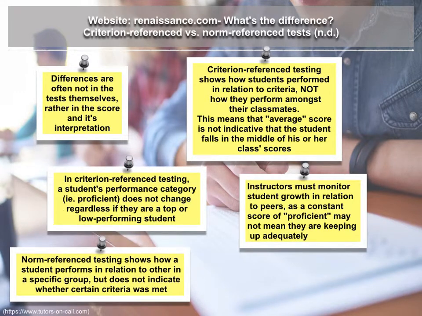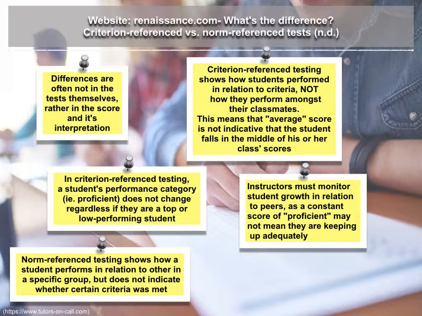Norm reference test shows how a student performs in relation to a specific group, but it doesn't indicate whether a certain criteria was met. Again, this is why having grading criteria that is both criterion referenced and norm referenced comes in handy, especially when repeat tests are done, say a test in the fall and the spring.